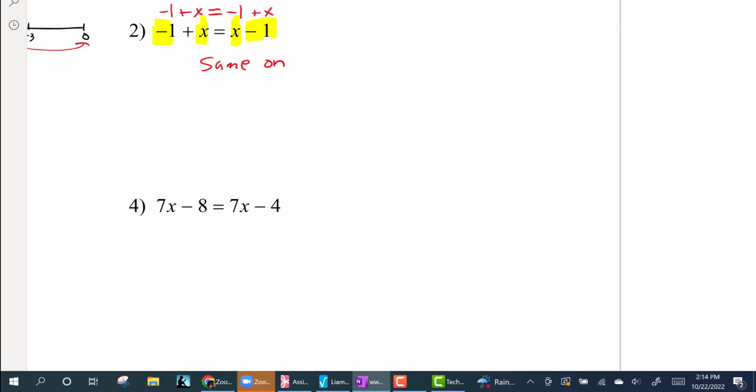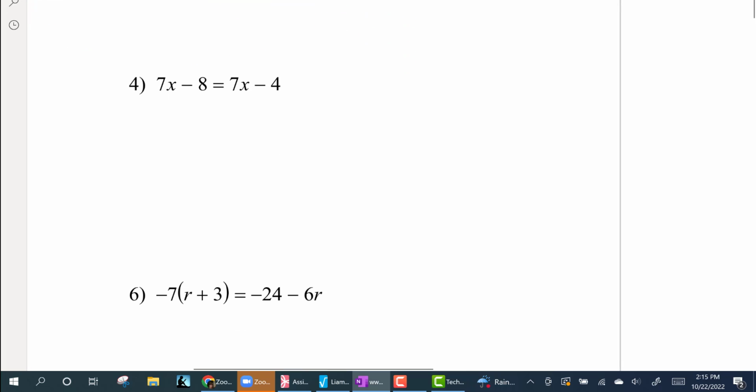They just reversed the order. Same on both sides. So you wouldn't do any work. You would just say infinite solutions. And you're going to see on the answer key, whenever you see all real numbers or all reals, it means the same as infinite solutions.